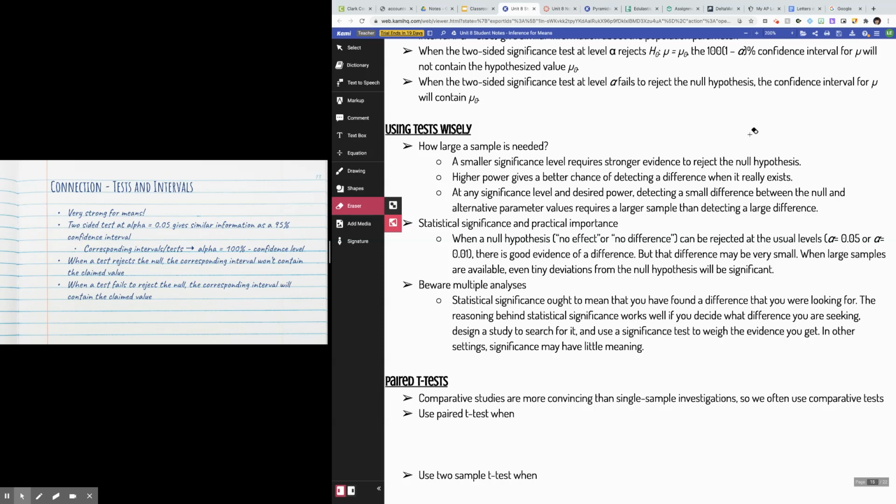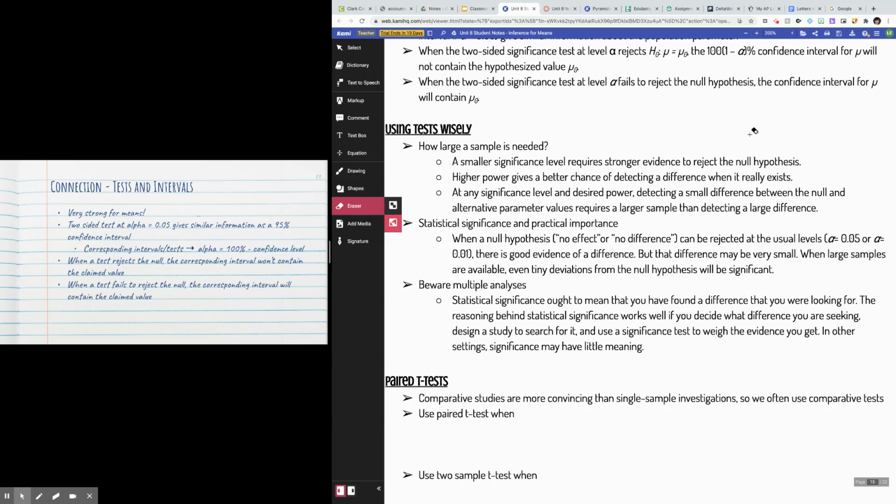Mathematically, that goes back to how we calculate the test statistic, because you're always dividing by the standard error. So if you have a larger sample size, you're going to have a smaller number in that denominator, so you get a larger test statistic and thus stronger evidence against your null, okay?